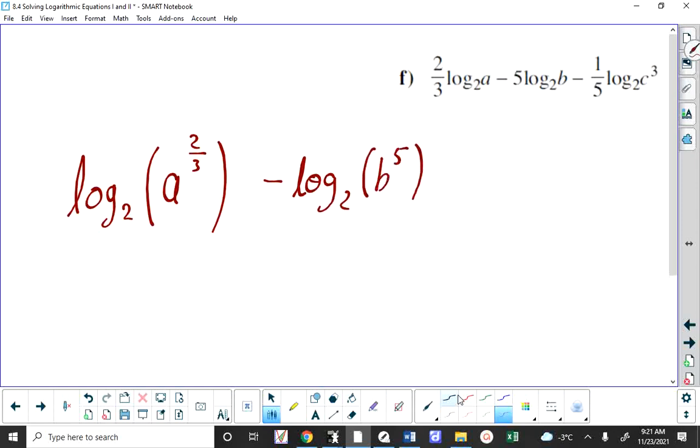And I don't have a quarrel with you if you don't put brackets here, I think that's okay. I don't think it's really necessary. I like it though. Minus log base 2 of, it's going to get a little complicated. We need to take C cubed and raise it to the 1/5.